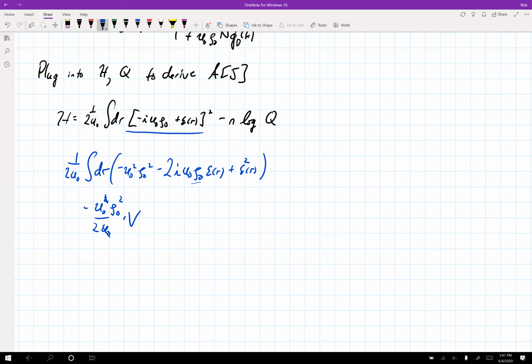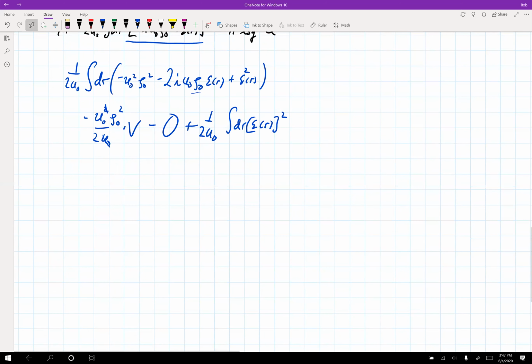That's going to give us a 0, right? Because we defined epsilon to be the deviations around the average field. So then we're going to have minus 0. And the only thing that really survives of any significance is the epsilon squared term. So this is plus 1 over 2 u naught integral dr epsilon of r all squared.